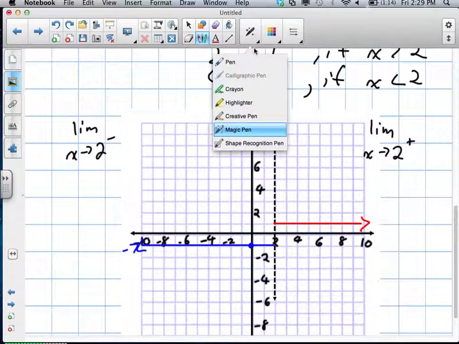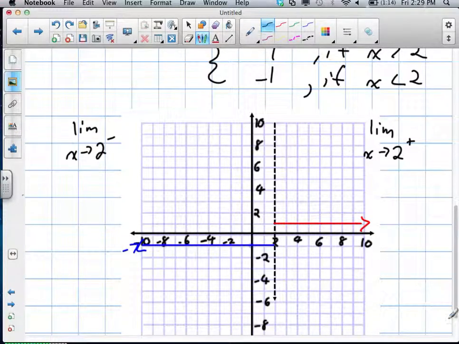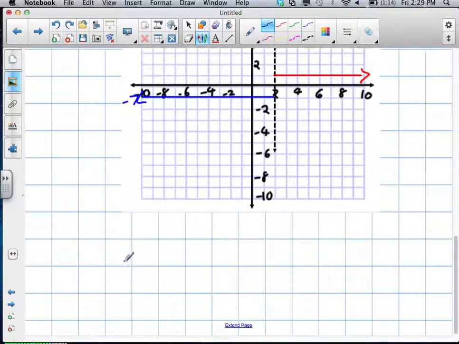So when we write this limit, after we've graphed it, think of it like this. The limit of f of x as x approaches 2 from the left is our constant term, which is negative 1. So the limit of negative 1 as x approaches 2 from the left, because it's a constant term, we know it's just going to be negative 1.